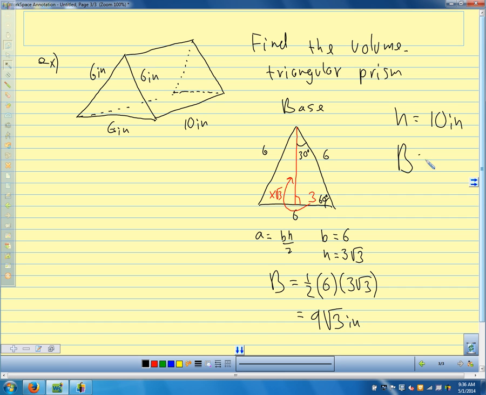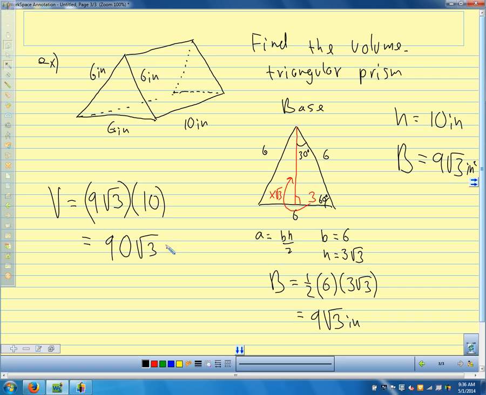So area of our base is 9 square root 3 inches squared. And I get my volume is 9 square root 3 times 10, which is 90 square root 3 cubic inches. So this would be my exact answer, my answer in simple radical form.